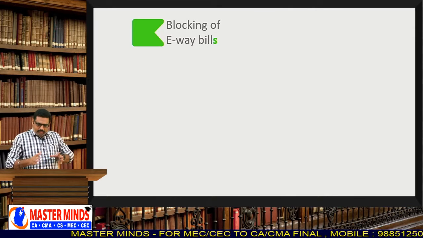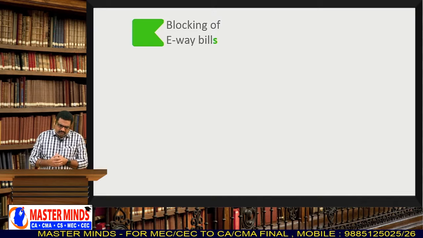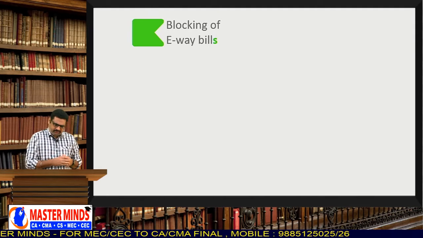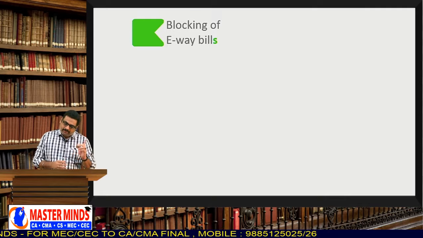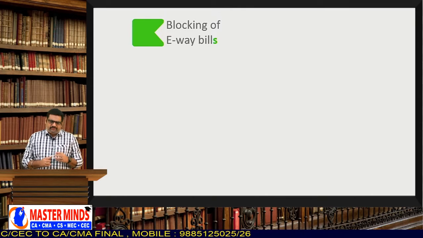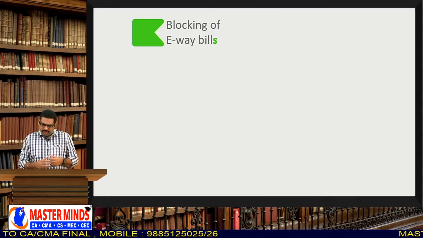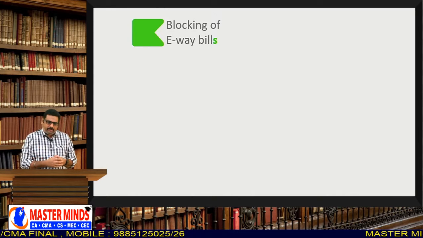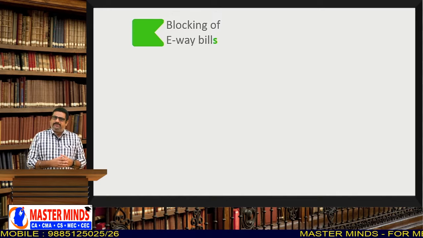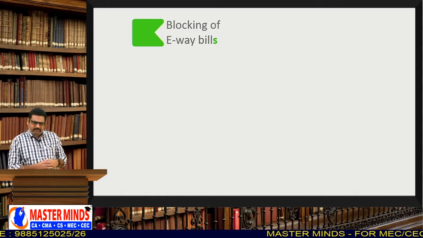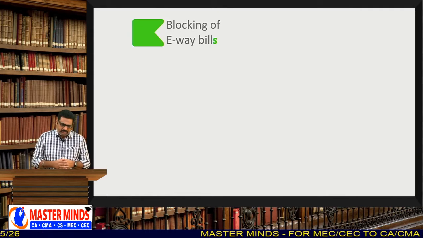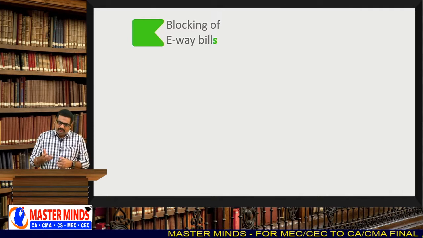What we already know is, as I already told you, every registered person other than a composition dealer is required to file GSTR1 on a monthly basis on or before the 10th of the immediately succeeding month. If the person's aggregate turnover in the preceding financial year is less than 1.5 crore, then he has the option to file GSTR1 on a quarterly basis.